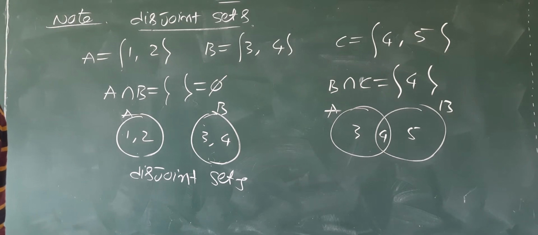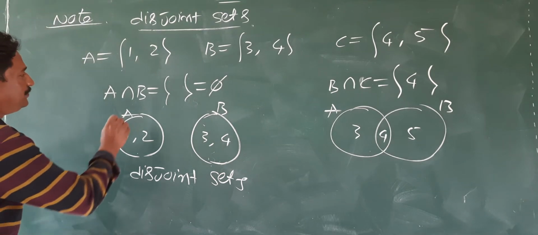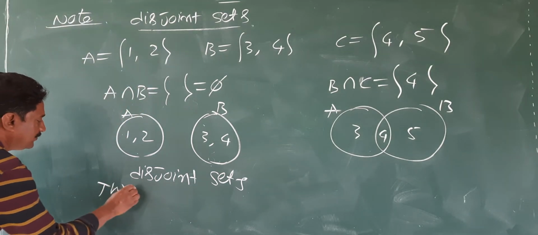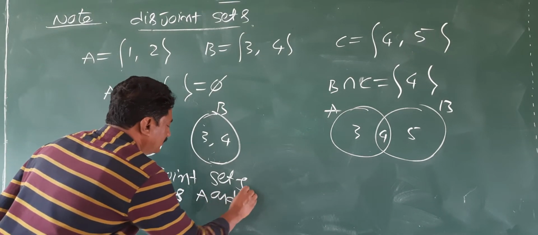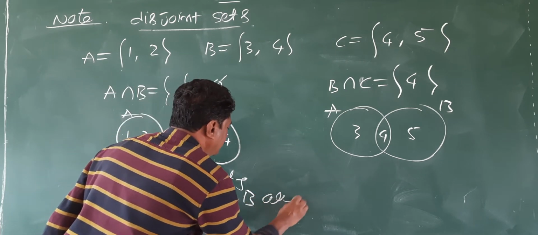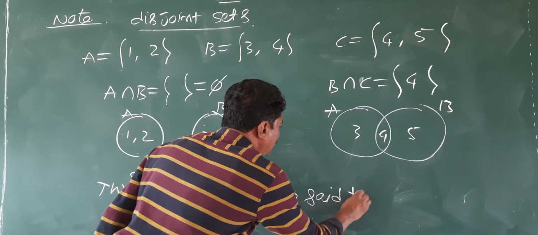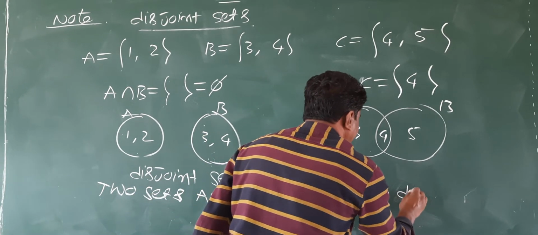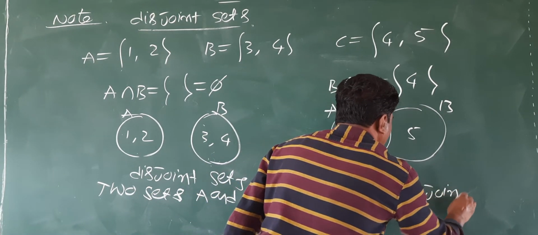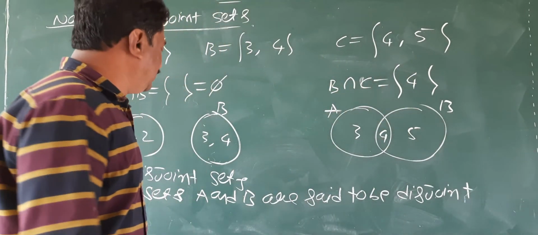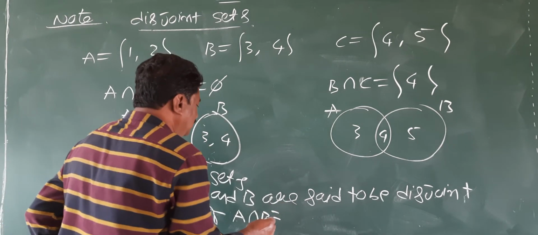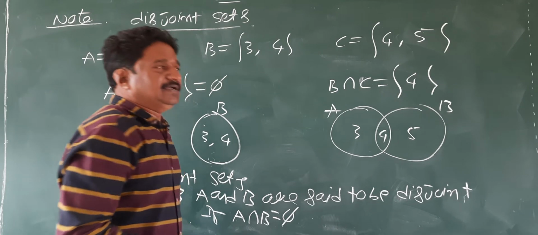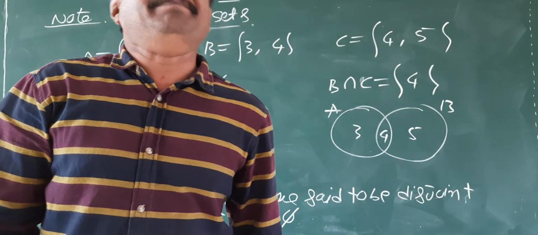So what are disjoint sets? Two sets A and B are said to be disjoint if A intersection B is equal to the empty set.